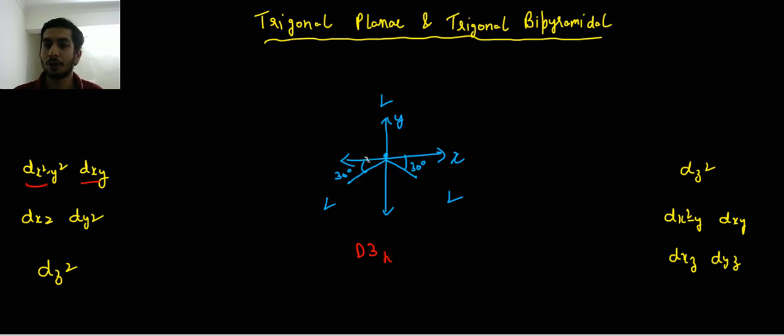But now your dz square orbital in trigonal bipyramidal will have basically two direct repulsions. So that is why now your dz square becomes of highest energy, and then the same dx square y square, dxy, dxz, dyz, right? So I hope this is clear.